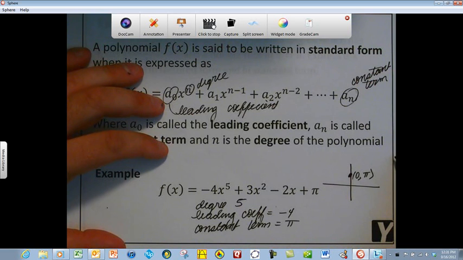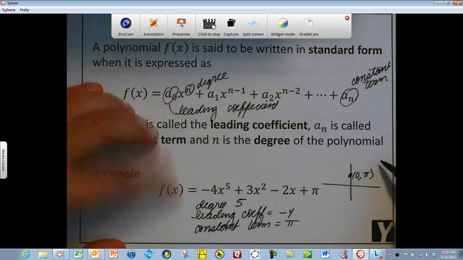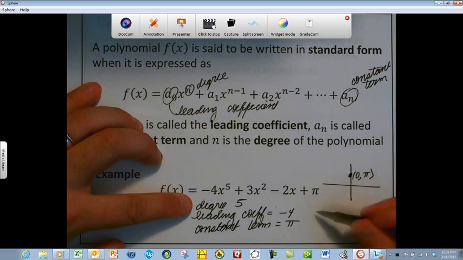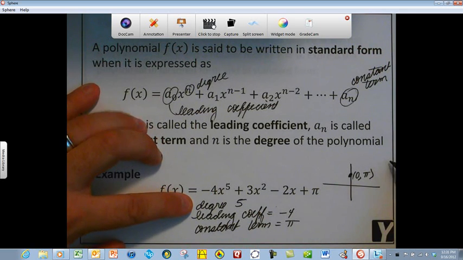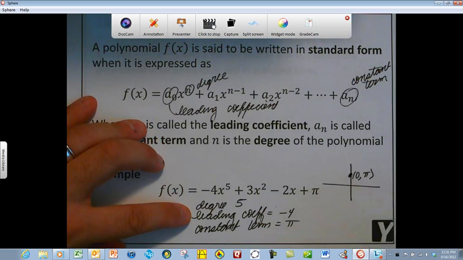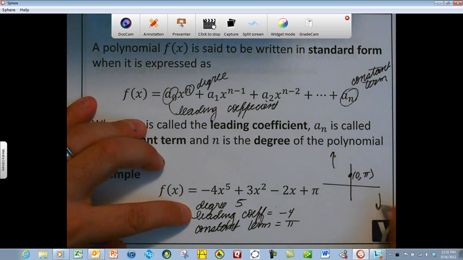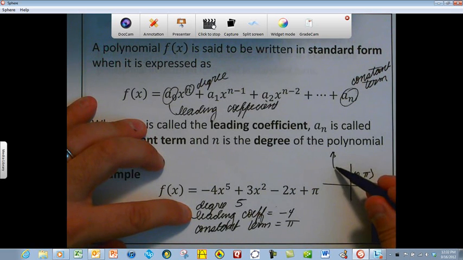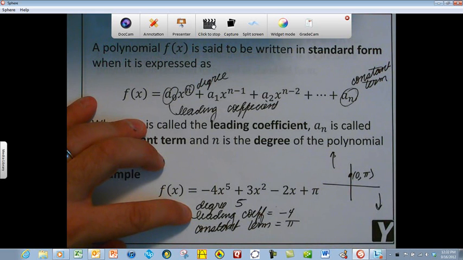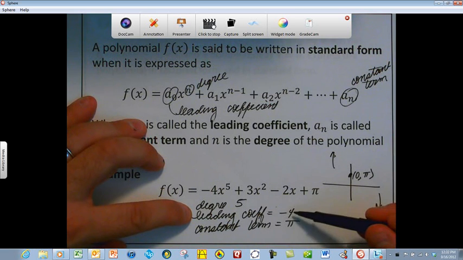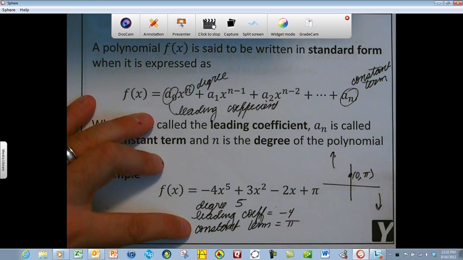The degree, if you have an odd degree, the tails, so what the function does as x approaches negative infinity, and what the function does as x approaches positive infinity. Degree 5, that's an odd degree. The tails will be pointing in different directions. Since the leading coefficient is negative, the first tail will be pointing up, and the second tail will be pointing down.